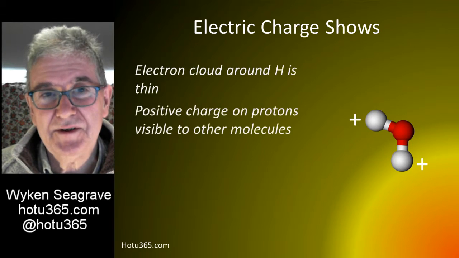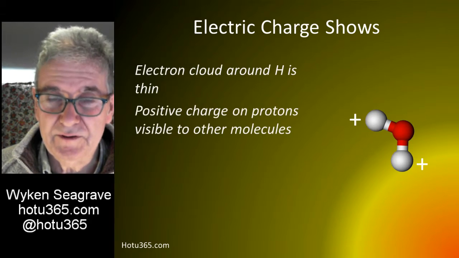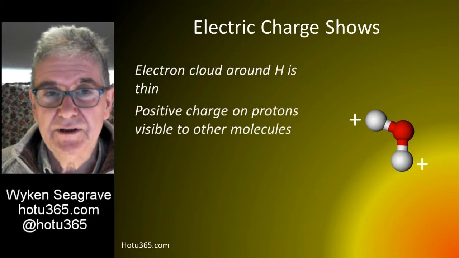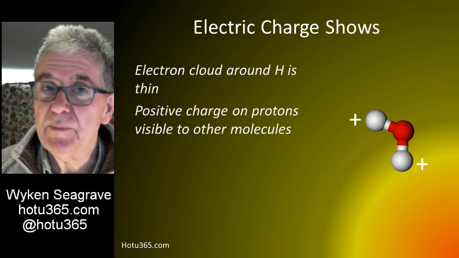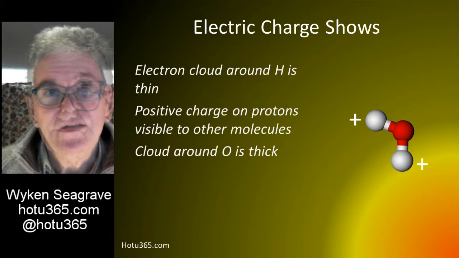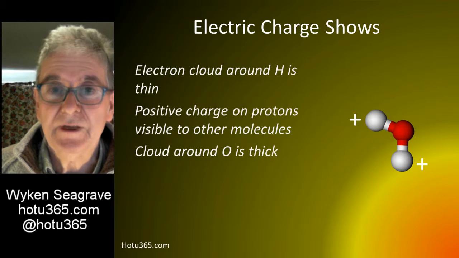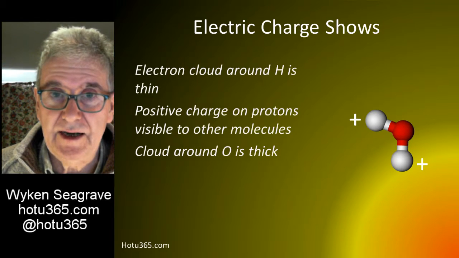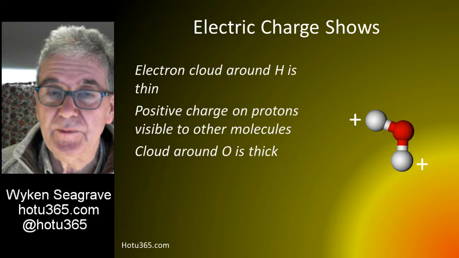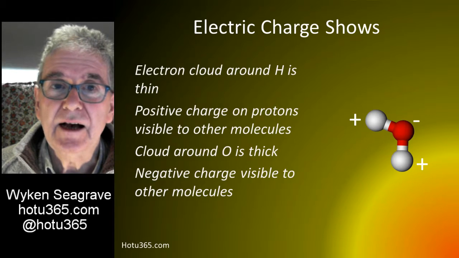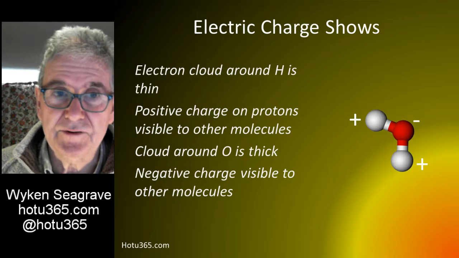So the positive charge on the protons of the hydrogen atoms shows through to the outside and can be seen by other molecules. The electron cloud around oxygen is thick because it's sharing 2 extra electrons which it's pulled in from the hydrogen atoms, and therefore it gains a negative electric charge.